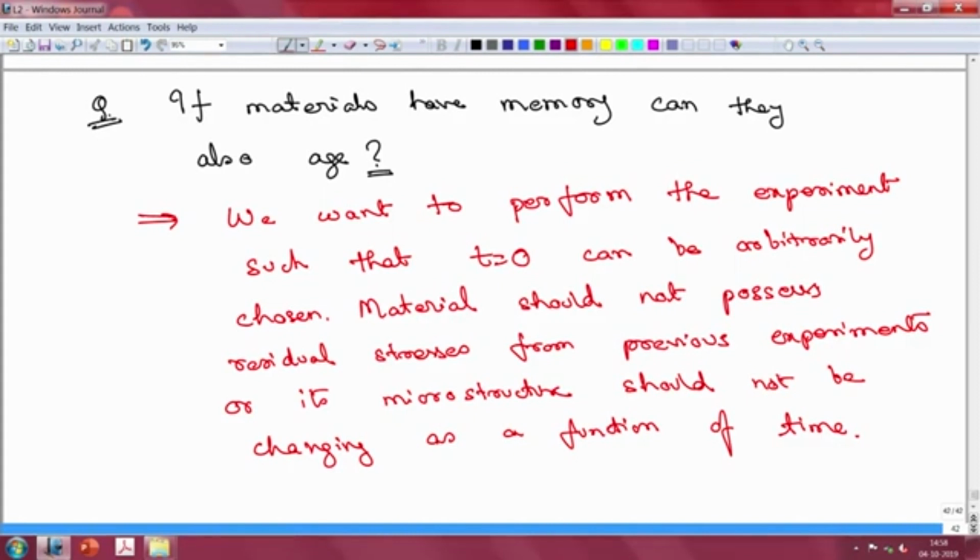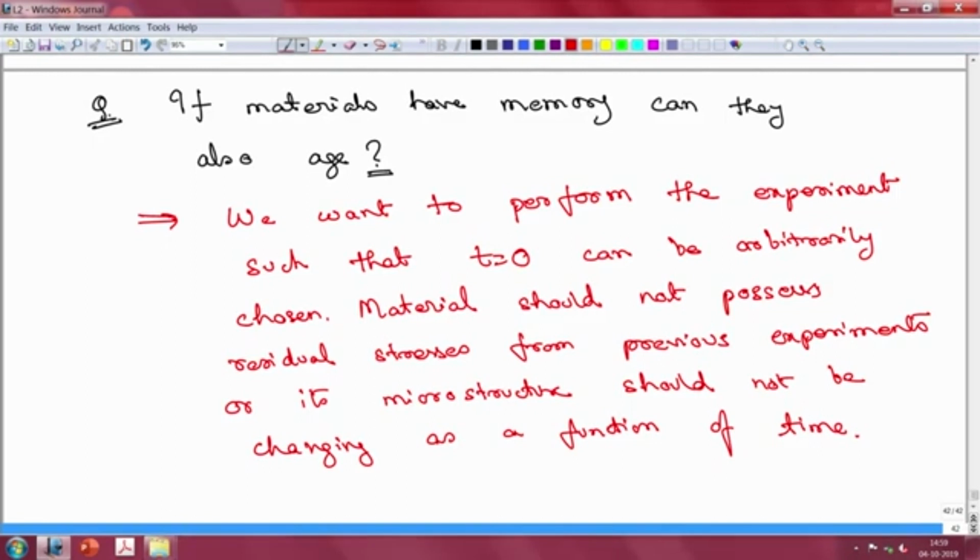This need not always hold true. There are many materials for which this may or may not hold true, for which this proposition, that they should not have a memory of their previous life, that they should not remember when they were created, may fail. This is something that you can only determine from an experiment.